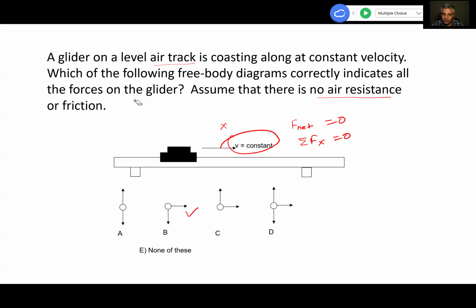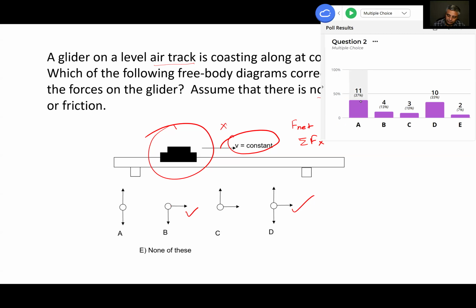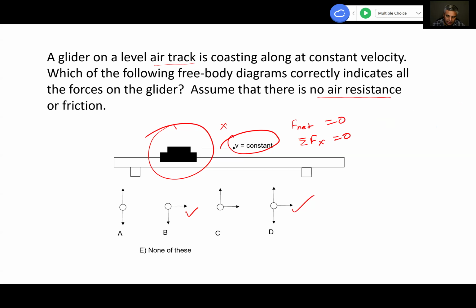If there was just forward force, that would accelerate it. So this free body diagram would mean that it is accelerating. But the question clearly says it is moving with constant velocity. So yes, A is the correct answer in this case.